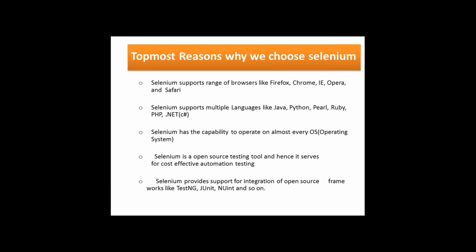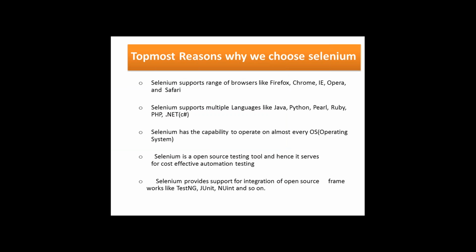Next, Selenium supports multiple languages like Java and Python. To work with Selenium WebDriver, which is the market requirement now and what we will mainly focus on, a person should have knowledge of Java, Python, Perl, Ruby, PHP, or .NET, in .NET, C#. If you have knowledge of any one programming language, that is sufficient to work with WebDriver.